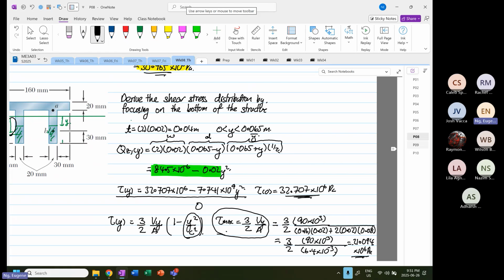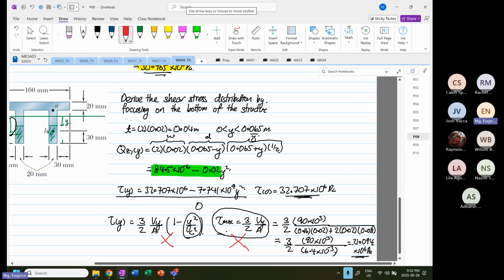Okay. So my advice to you, when you have a situation like this, formula cannot be applied. This formula over here, 3 over 2 Vy over A, we cannot use this formula.